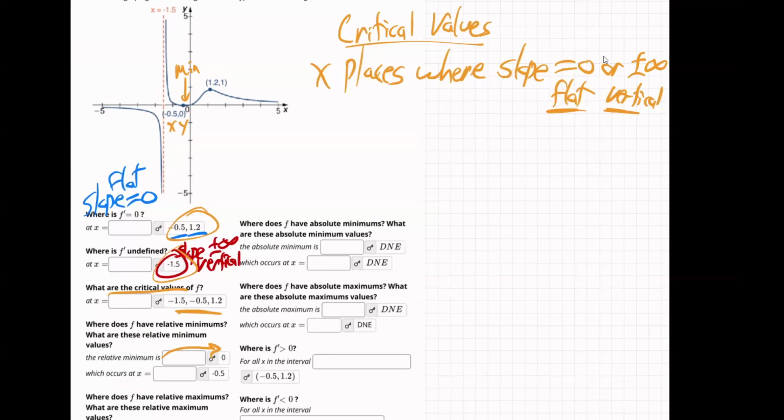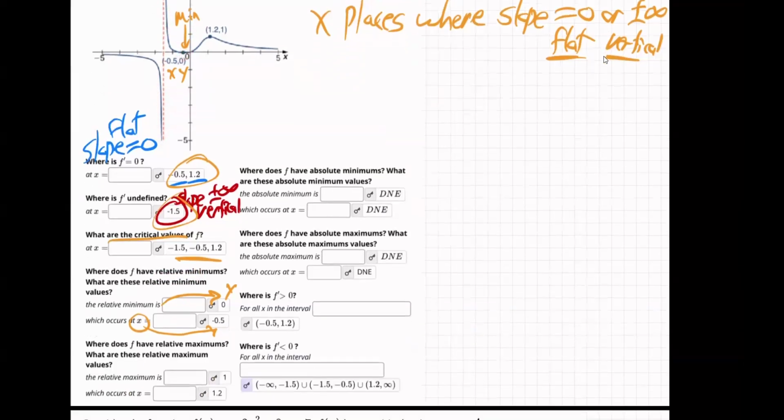The minimum is 0. And the x is -0.5. That's where the minimum occurs. That's called a relative minimum because this isn't the minimum value, right? The function goes lower than that in other places. This right here is not the overall minimum, but it's the local or relative minimum related to the stuff around it in its locality, right? Relative or local minimum.